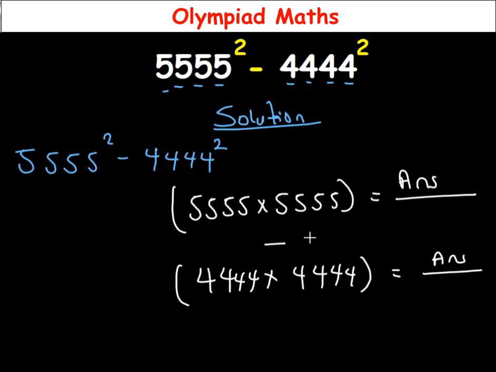Now looking at this, it is a very tedious and hectic method to multiply these numbers. But here is a simpler way in which you can solve this question.